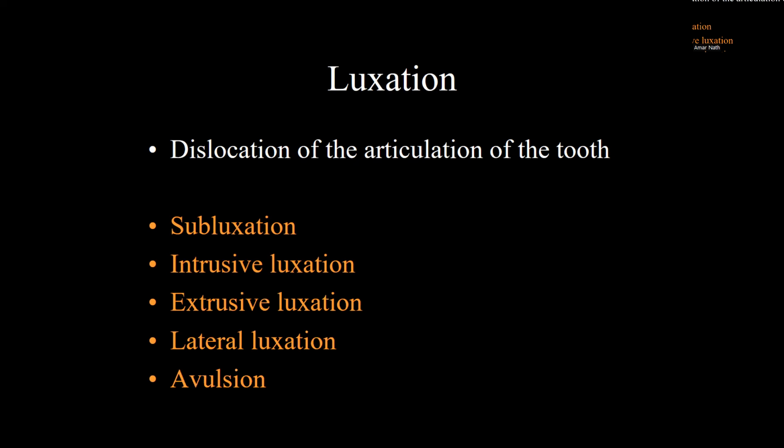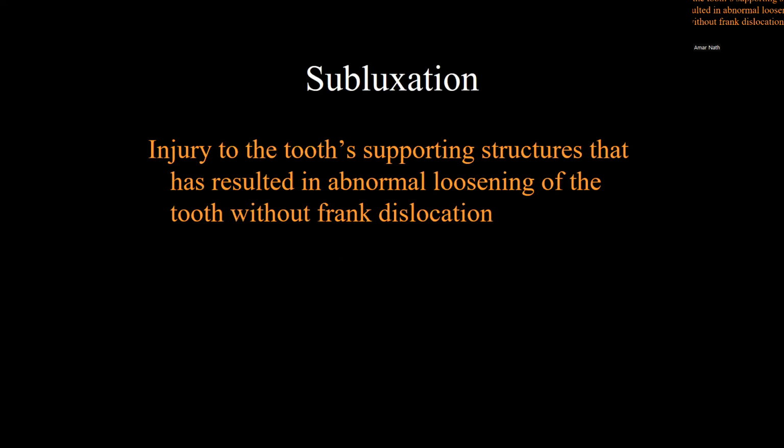So what do you mean by subluxation? Subluxation is the injury to the tooth supporting structures that has resulted in abnormal loosening of the tooth without frank dislocation. That is, the tooth structures are injured, but there won't be dislocation.